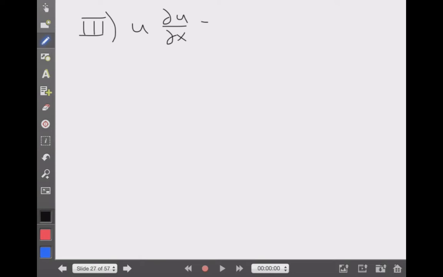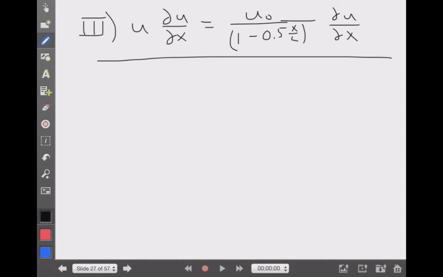So we have to take u, which is u naught over 1 minus a half x over L, and then we still need to find del u del x. So let's do that. Let's find del u del x, and then we'll plug it back into this equation up here and multiply it by u. Put some brackets around this guy here.